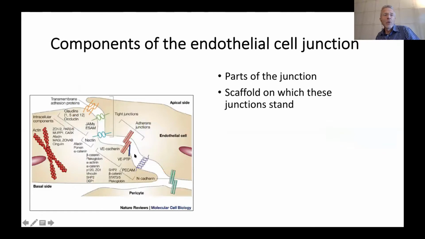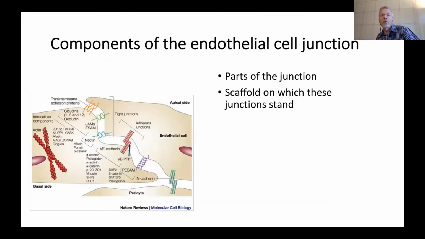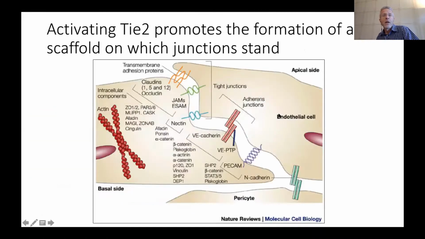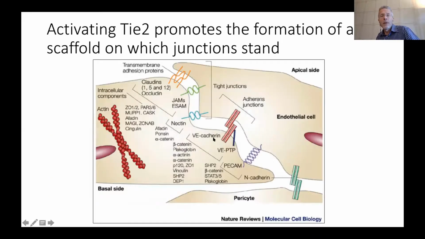As mentioned earlier, the components of the endothelial cell junction include parts of the junctions that were being phosphorylated. We looked at those just a minute ago, and also the scaffold, the cytoskeleton on which the junction stands. And there's one molecule in this adherens junction that's very important.